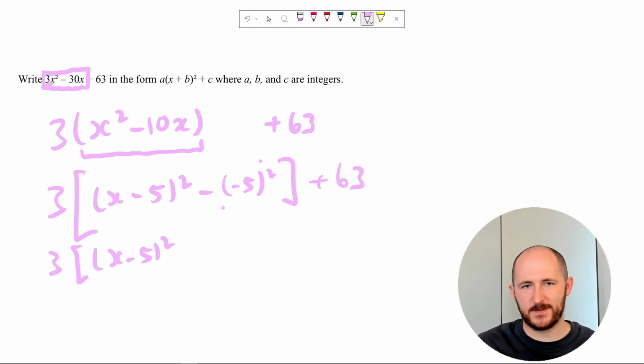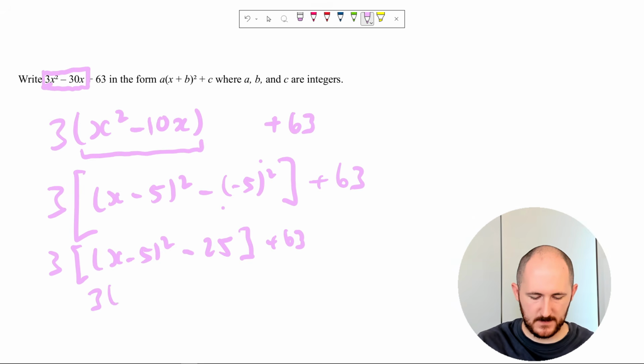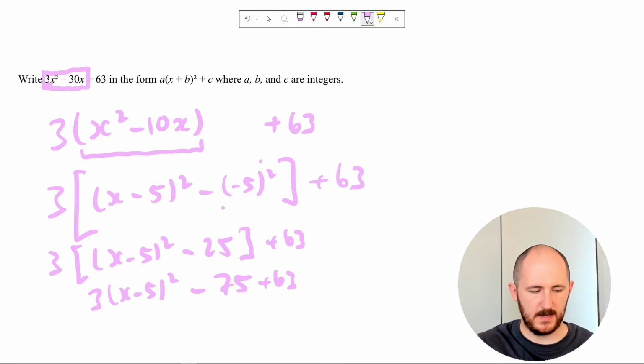Now minus 5 squared, well, minus 5 squared is positive 25, but the minus makes it a negative again. Remember, that should always be negative. There's never a time when it's not. Expanding this, we get 3 x minus 5 squared minus 75, because it's 3 times negative 25, plus 63. And then we can just work that out and we should be done.